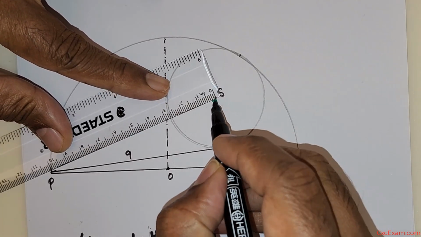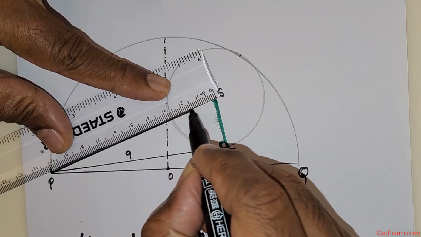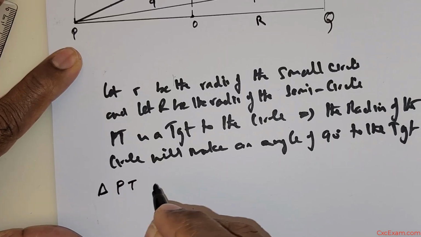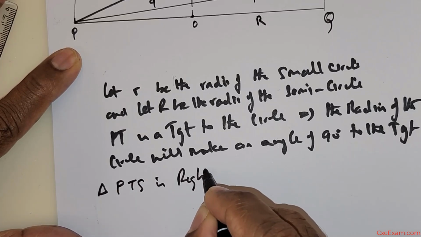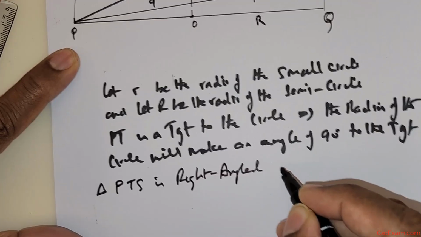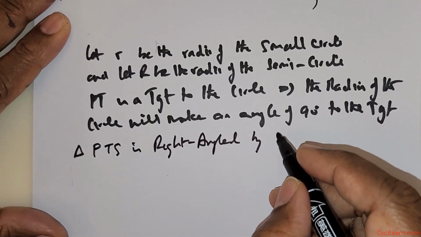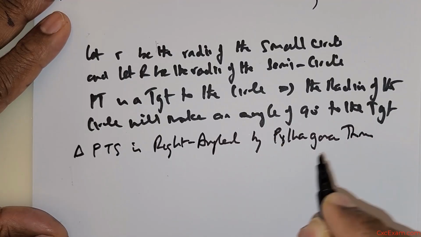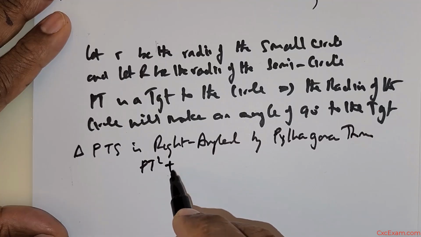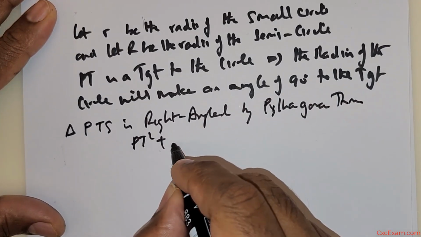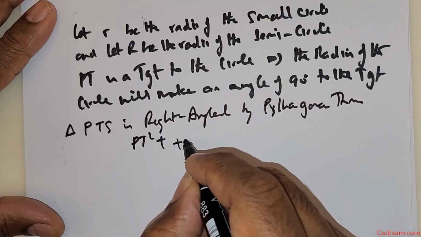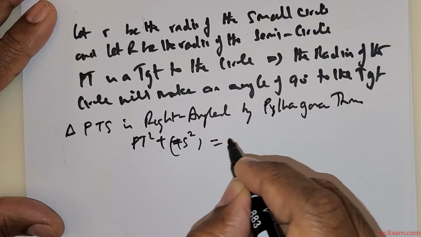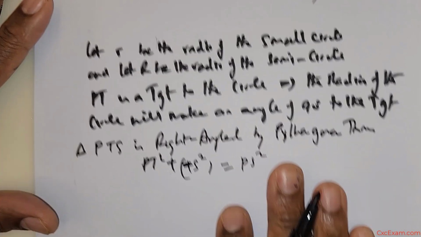So if we connect P with S, then triangle PTS is right angled. So by Pythagoras theorem, what do we have? We got PT squared plus TS squared is equal to PS squared.